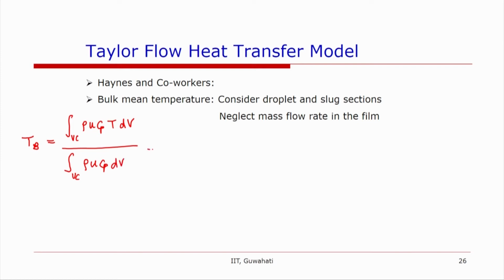So, on average we can write this, because rho u dV refers to the mass flow rate, as m dot for the dispersed phase.